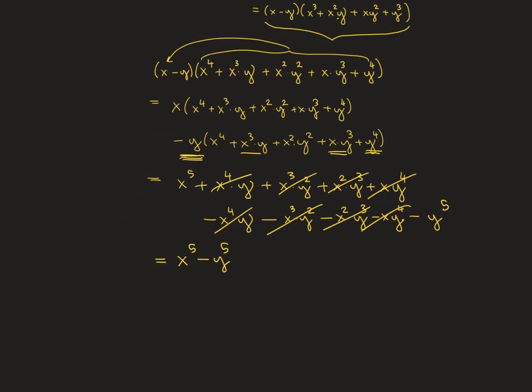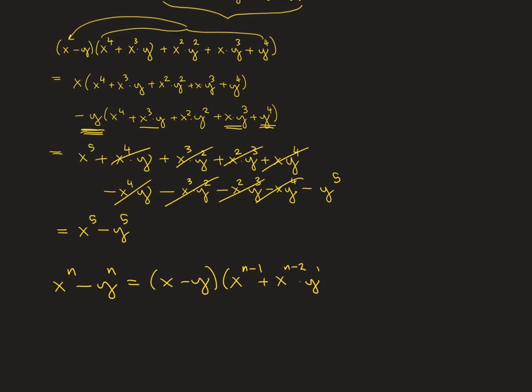Indeed, in general, x to the n minus y to the n is equal to x minus y times x to the n minus 1, plus x to the n minus 2 times y to the first, if you so choose, plus x to the n minus 3 times y squared.